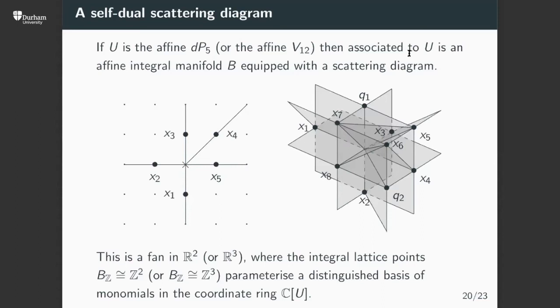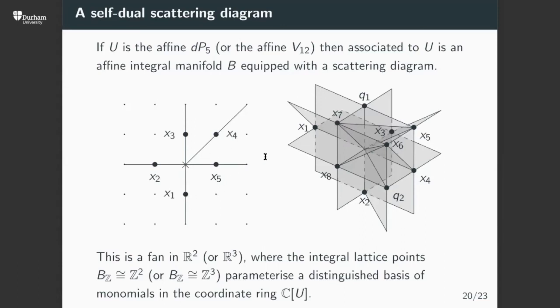And what the scattering diagram is, I draw a fan. So the case for the del Pezzo surface is on the left here. I draw this fan, and this fan is actually the fan of a toric variety, because the toric varieties are defined by fans, and the toric variety is actually the toric model in this case of the cluster surface.